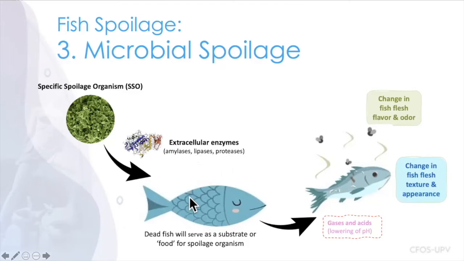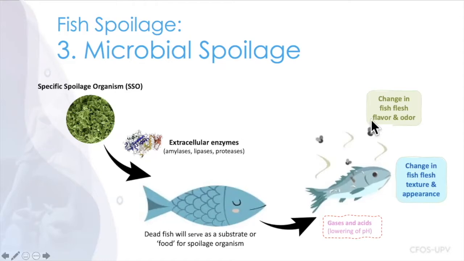And your dead fish will now serve as a substrate for spoilage organisms. Pag sinabi natin substrate, yun yung nagsiserve as food nila, no? So this will now result to the acidification of the muscle tissue of fish, and there will now be changes in its flesh, texture, and appearance. So pag acidic na siya, mag-change na yung color, mag-change yung texture, no?